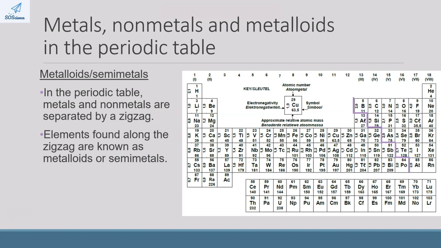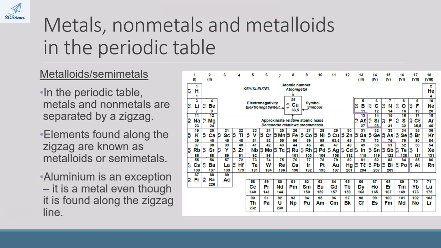So firstly, it tells us that elements found along the zigzag are metalloids or semimetals, but we need to be aware of one exception, and that is aluminium. Even though aluminium over here touches the zigzag line, it is not a semimetal, but rather it is a metal.